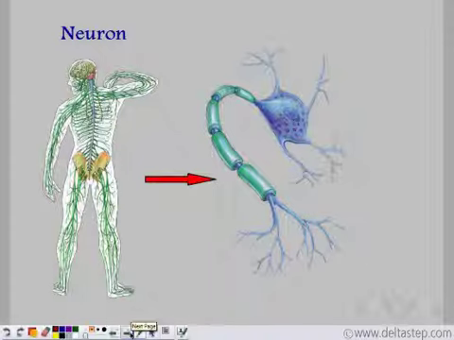So this is one neuron. Now see this portion of the neuron. This portion of the neuron looks like a cell. It has all the cytoplasmic organelles present inside.